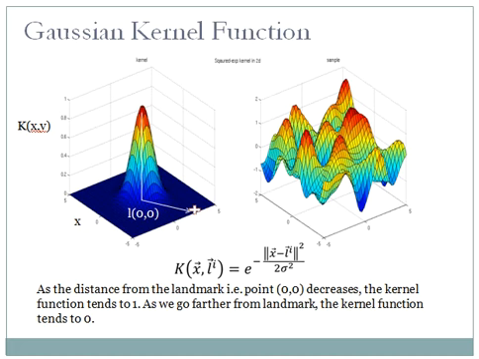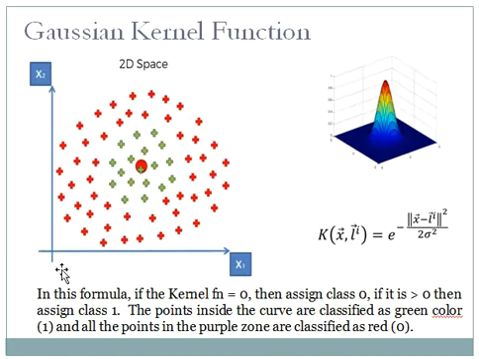Okay. Now that's what we are reiterating in this slide also, that all the points that are inside the Gaussian curve are classified as 1 or green and all the points on the outside in the purple region are classified as 0 or red. Okay.